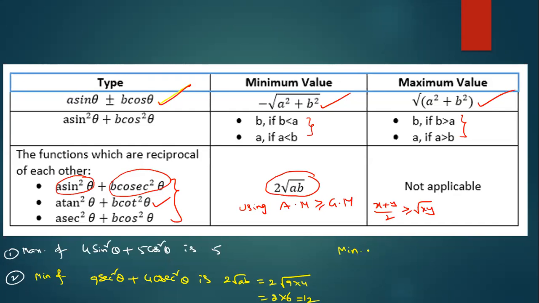Same question, but I'm asking the minimum of 9 secant square theta plus 4 cosecant square theta plus 7, for example. 7 is there. Then what is the answer? Just add 7.